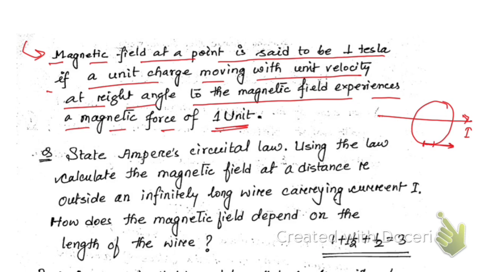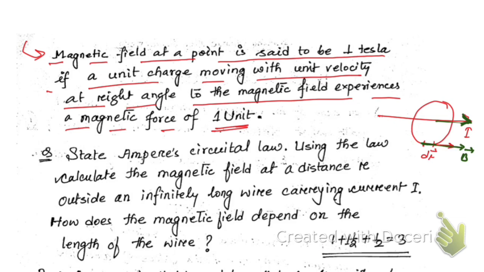The magnetic field due to this current carrying wire will be in circular shape, if you apply the right hand thumb rule. Suppose the magnetic field here is B.